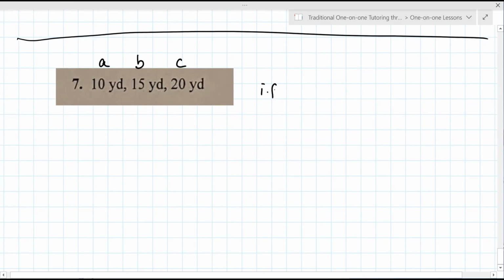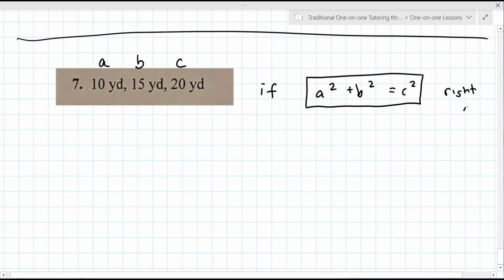If A squared plus B squared equals C squared, then it's a right triangle. So basically you have to square 10, square 15, square 20, and what you hope is that the left equals the right. It's like you try something, your friend tries something, and hopefully you get the same thing when you're done.